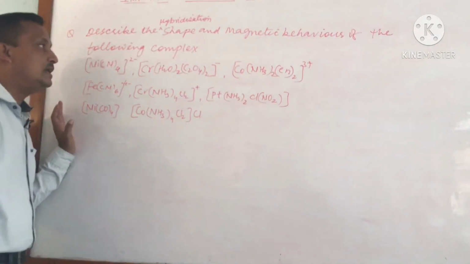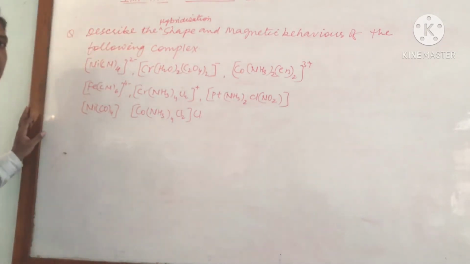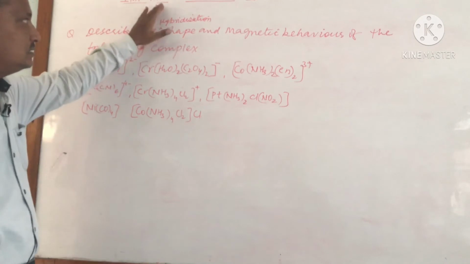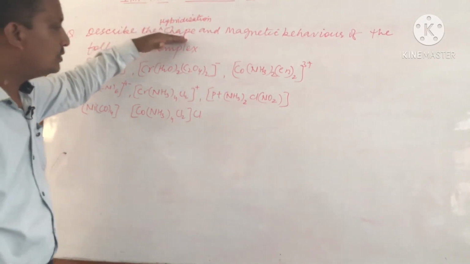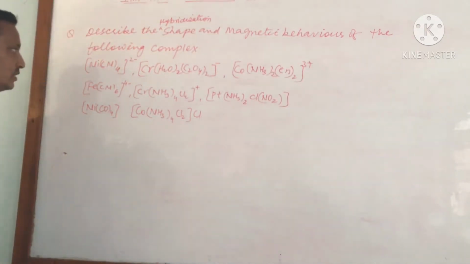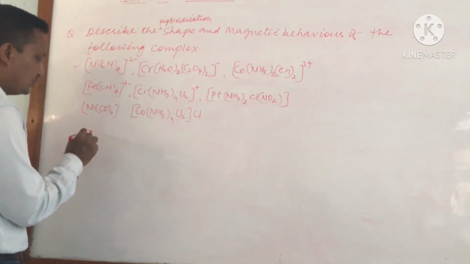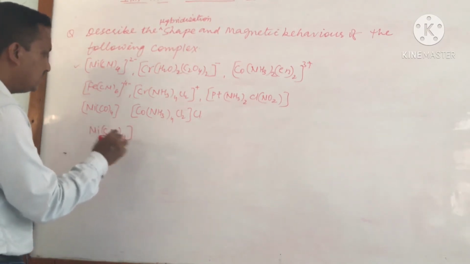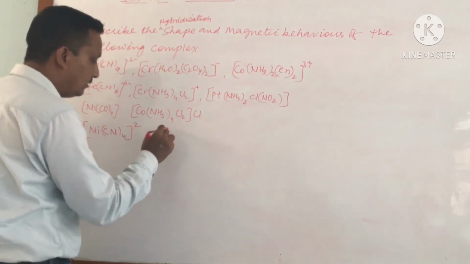Question: describe the hybridization, shape and magnetic behavior of the following complexes. So we have to find the hybridization state, and on the basis of the hybridization state we can determine the shape of the molecule and the magnetic behavior, whether it is paramagnetic or diamagnetic. First we take this complex [Ni(CN)4]2-. In this complex, nickel is the central metal.